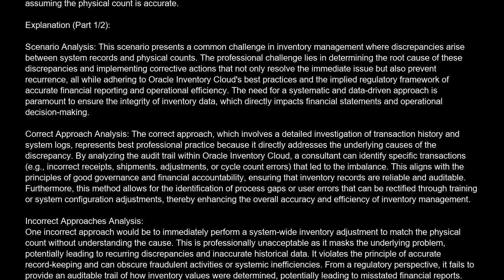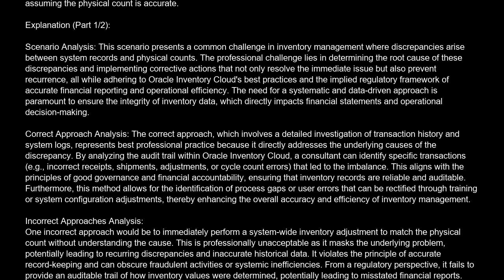Correct approach analysis. The correct approach, which involves a detailed investigation of transaction history and system logs, represents best professional practice because it directly addresses the underlying causes of the discrepancy. By analyzing the audit trail within Oracle Inventory Cloud, a consultant can identify specific transactions, e.g., incorrect receipts, shipments, adjustments, or cycle count errors that led to the imbalance.